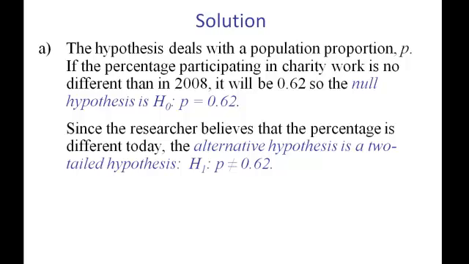So we'll write 62% as 0.62. And now, since the researcher believes that the percentage is different today, we'll write the alternative hypothesis as H1, P is not equal to 0.62. And again, remember that we'll call this a two-tailed hypothesis, or we'll say that we're conducting a two-tailed test.